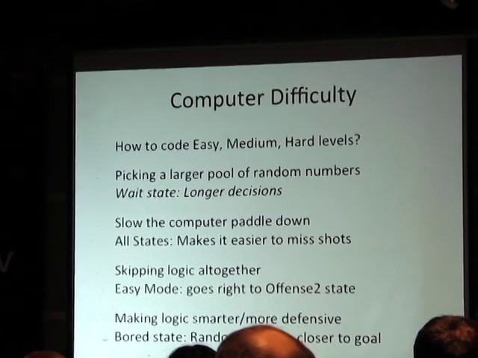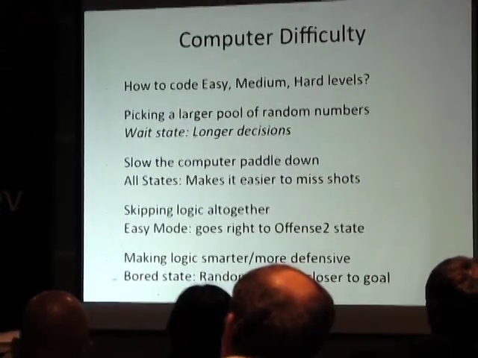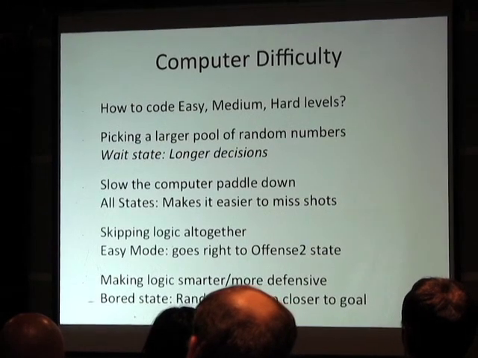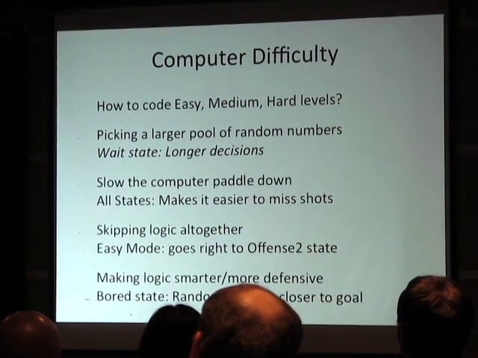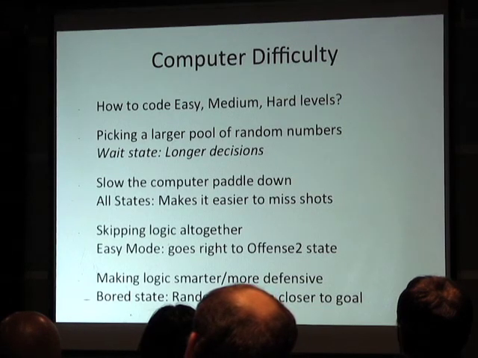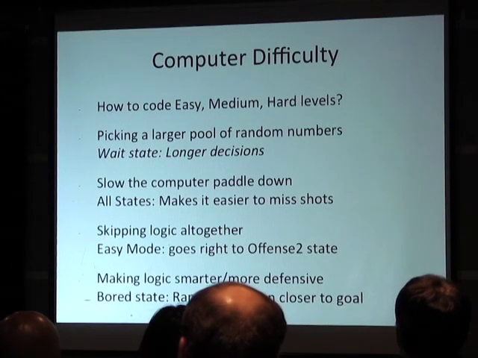I'll just make the pool of numbers bigger. That would cause the computer to make longer decisions and slow down key things like going into defense. And so shots might miss the computer, or it's still picking numbers while the puck goes by. So the larger pool of numbers would cause longer decisions. So that was one thing that was done.